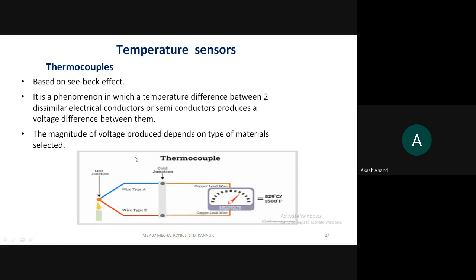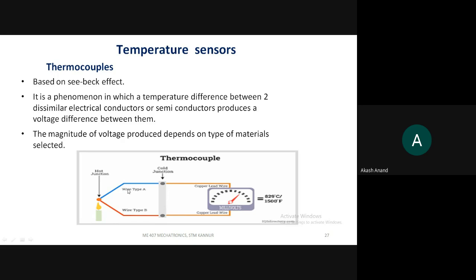Okay. It is a phenomenon in which the temperature difference between two dissimilar electrical conductors or semiconductors produces a voltage difference between them. This is the example of a thermocouple. You can see that this blue line is actually a type 1 conductor, that is a wire.